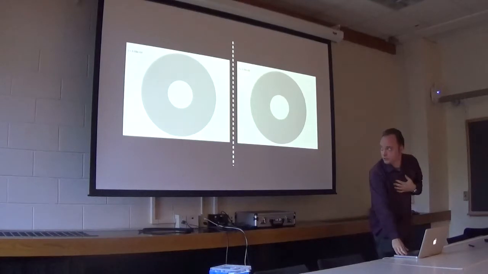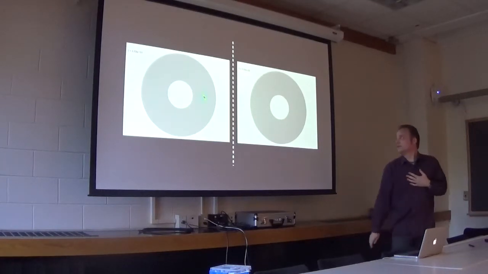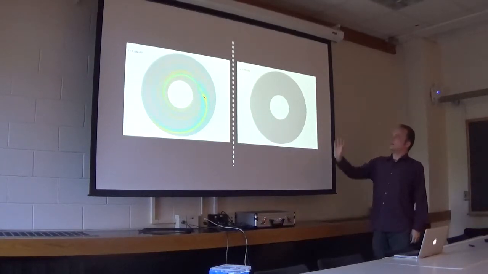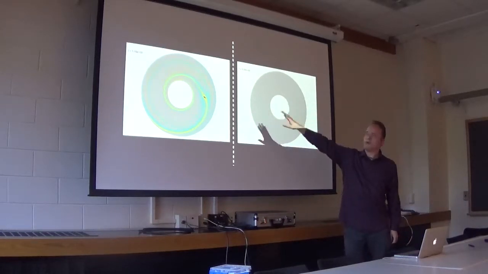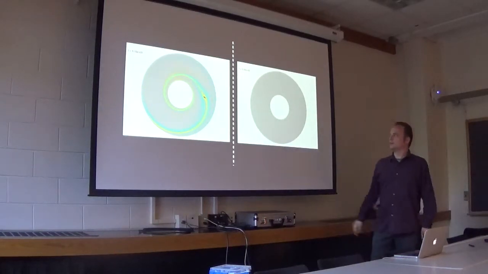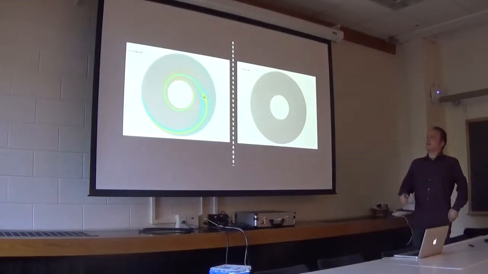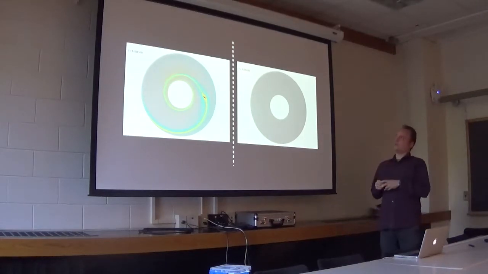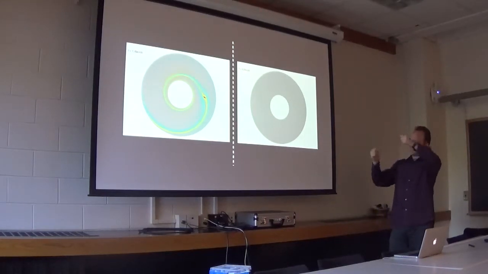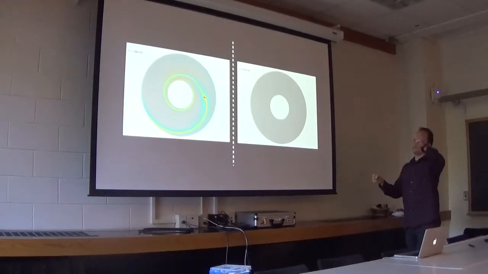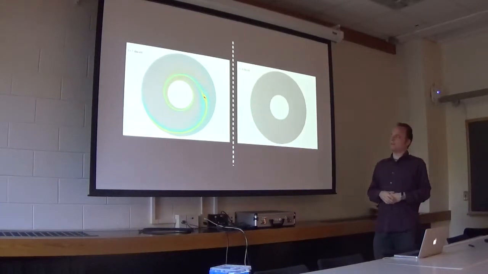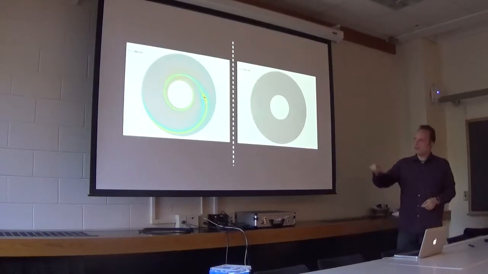If I put an Earth mass planet in a disk, it does this. We have a camera co-orbiting with the planet, so you're not seeing the orbital motion of the planet. But very quickly the gravitational force creates this sound wave, which gets sheared out into this beautiful spiral wave shape, which I never get tired of looking at.